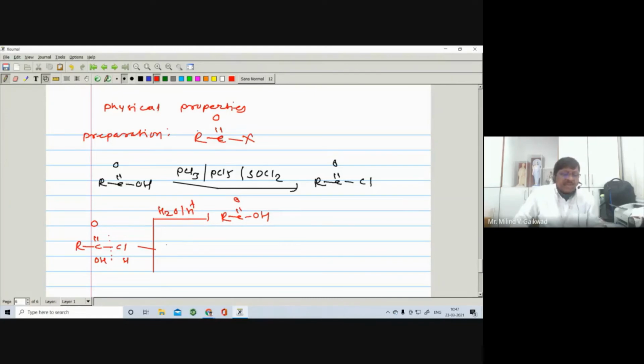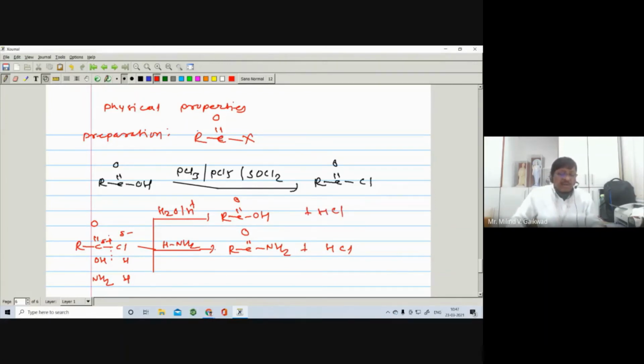Similarly, if it undergoes reaction with ammonia, NH3, there is an addition of NH2 negative and addition of H. Why? Because the Cl has partial negative, C has partial positive, and you get RC double bond O, NH2, and also a formation of HCl.